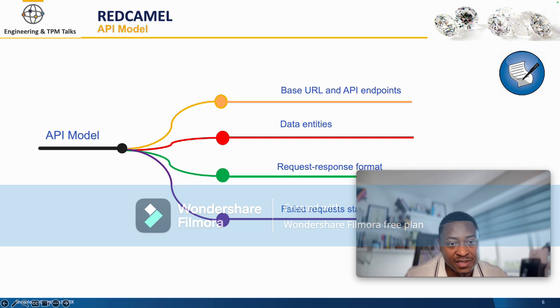Something that's also good practice is to understand what status codes are relevant for your API model, right?